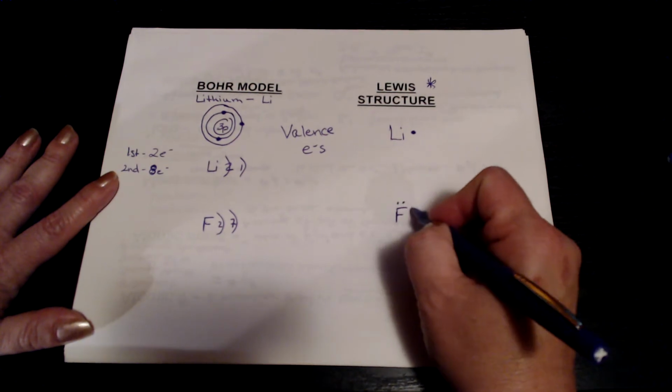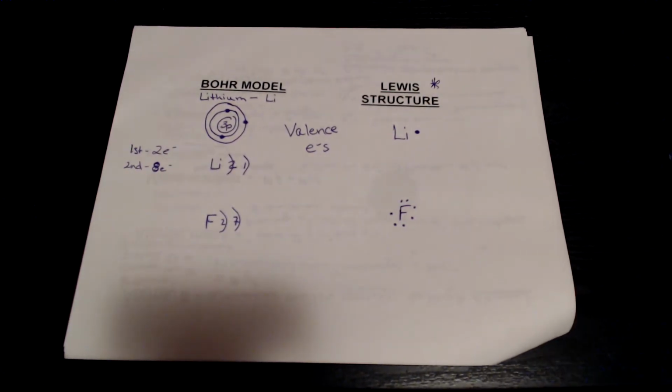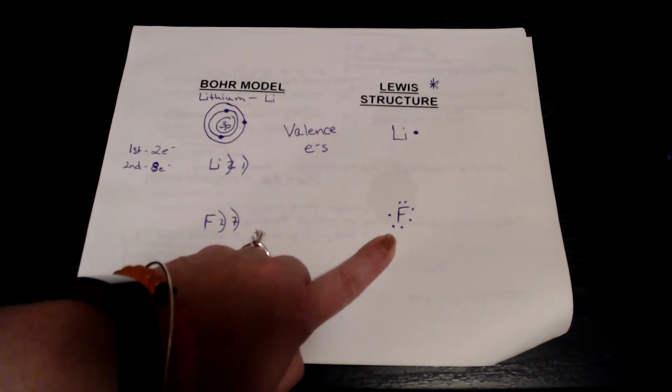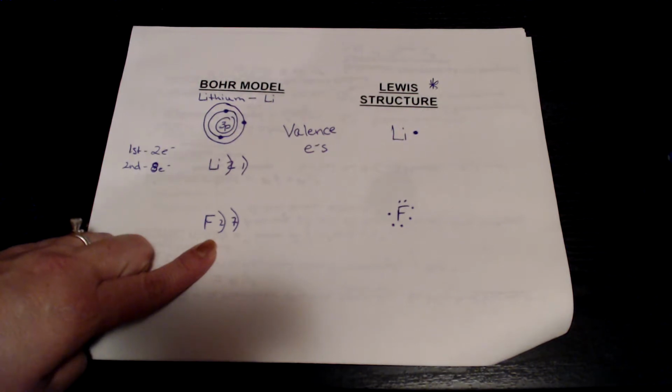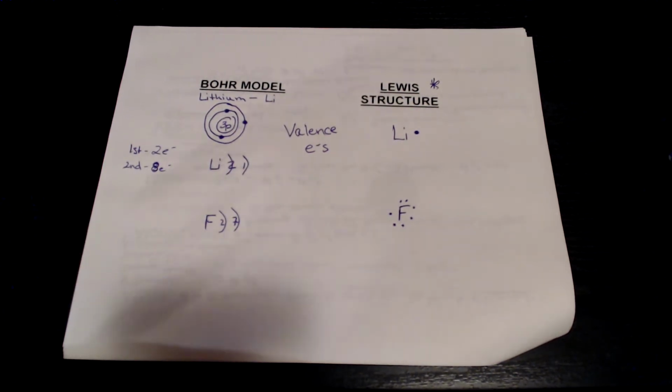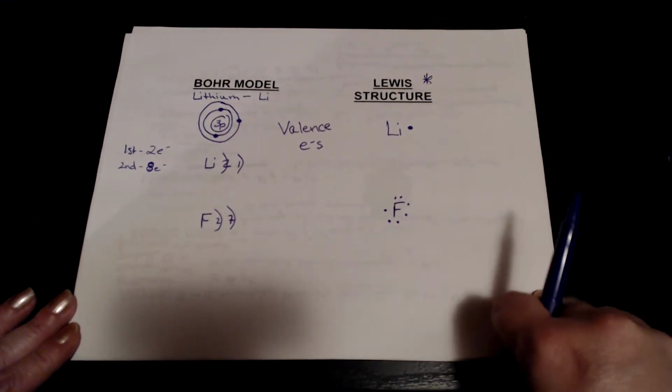Therefore, the Lewis structure for fluorine would look like that. I'd much rather draw this than circles with numbers and try to figure out what I really mean there. Okay? Just a quick review of how we actually draw or represent those electrons in those orbitals around our atoms.